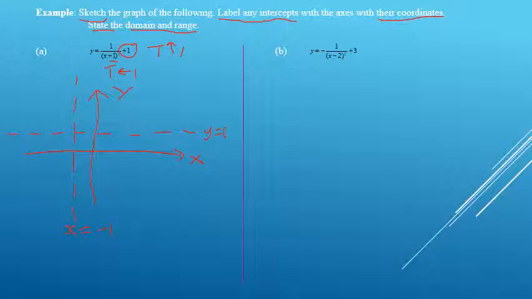Alright, it's a truncus. It hasn't been dilated and hasn't been reflected, so it's a positive truncus graph, so it's going to be looking like this. A bit smoother than that, obviously, but I'm restricted by the mouse, and it's going to come down like this, which means we've now got a y-intercept, which I need to calculate.